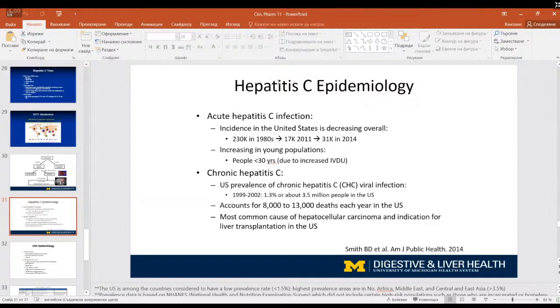The two viruses, HCV and HIV, also went together. So after the information campaigns and after people started knowing more about the viruses, you see that these numbers went down, but recently there is also an increase in the number of people with HCV.